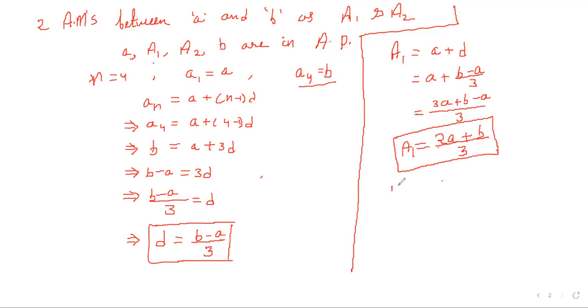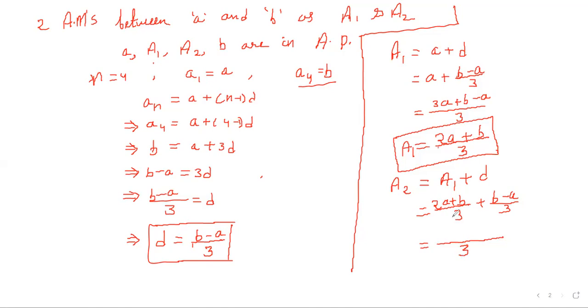So how to find A2? A2 is obtained by adding d to A1. Now A1 we know that is (2a plus b) upon 3 and common difference is (b minus a) over 3. So LCM is 3 again.